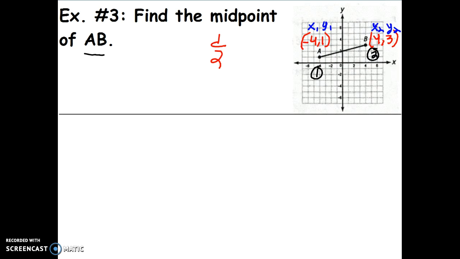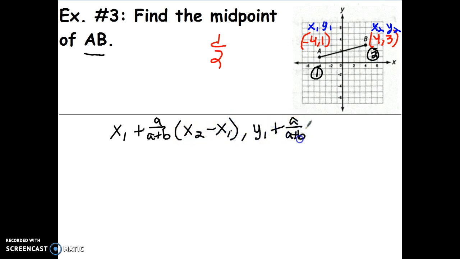All right, let's go ahead and write down our formula. So we have x1 plus a over a plus b, x2 minus x1, and y1 plus a over a plus b, y2 minus y1.